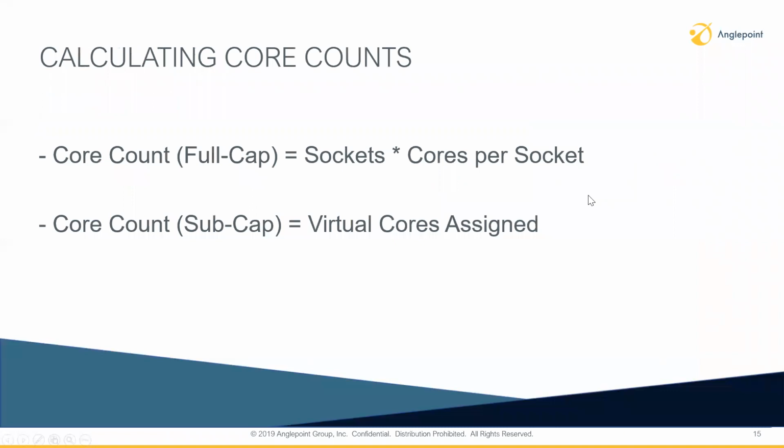If you're calculating at full capacity, you take the number of sockets on the host times the number of cores per socket. And core count on subcap is just the virtual cores that you've assigned to that VM.